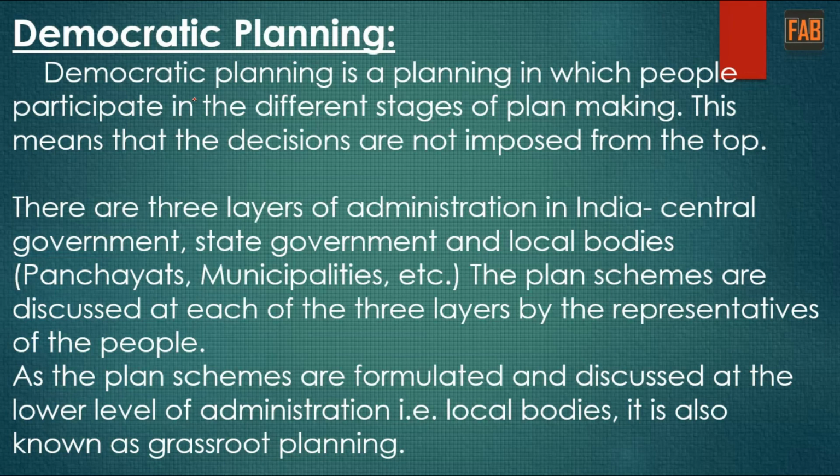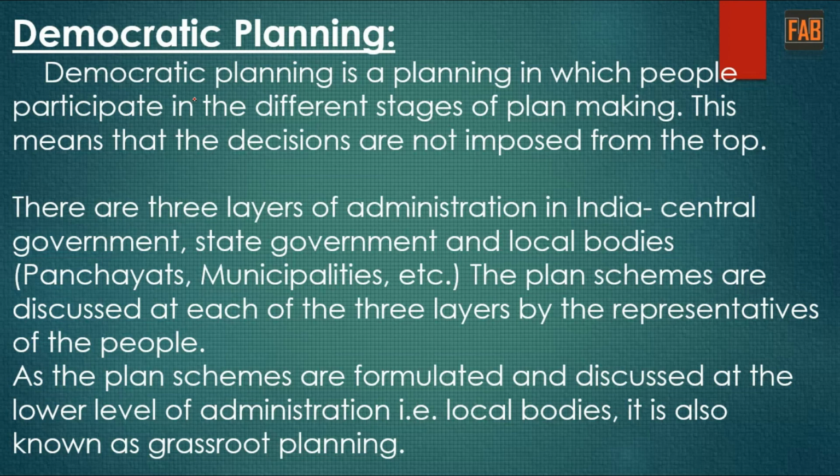In India, there are 3 layers of administration: the central government, the state government, and the local bodies. The local bodies means the panchayats and the municipalities. The plan schemes are discussed at each of these 3 layers by the representatives of the people, such as members of panchayats and municipalities, MLAs and MPs.